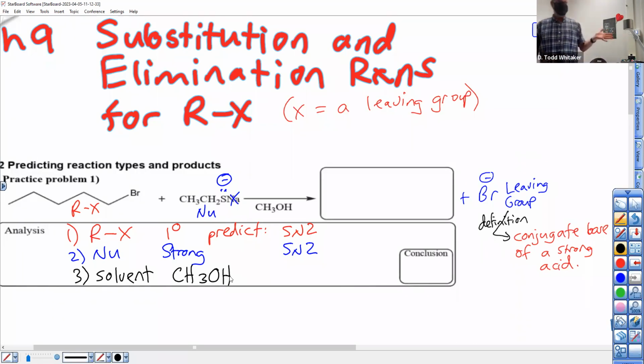You want to hear the names? If you have a hydrogen attached to oxygen or nitrogen in your solvent, that's this one. It's called polar protic. And that actually predicts SN1. And it does not mean you're changing your mind. No, the order 1, 2, 3 means you looked at the most important thing first.